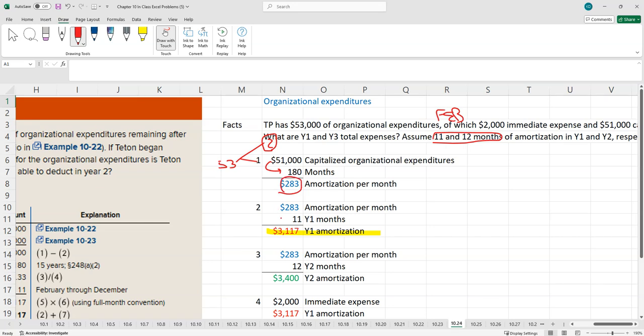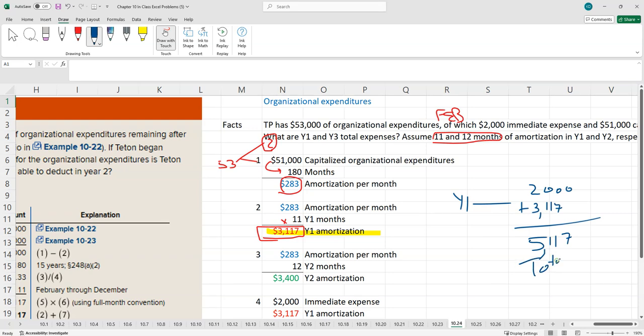That's how much you get per month. There were 11 months. There's the 3177, or on there, 3117. So at the end of the day, what was our total year 1? Well, it would be the 2 plus the 3117. Same as before. We're just showing how we calculate it on there. Total expenses.